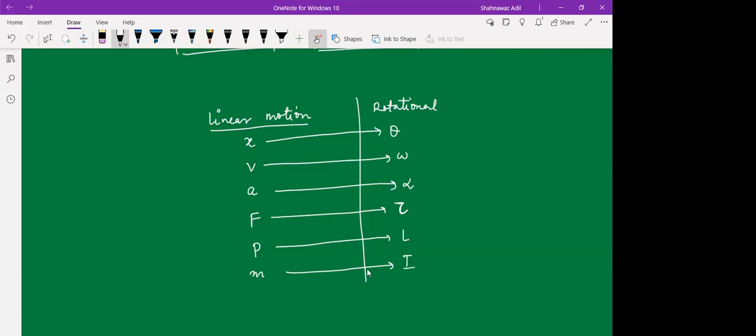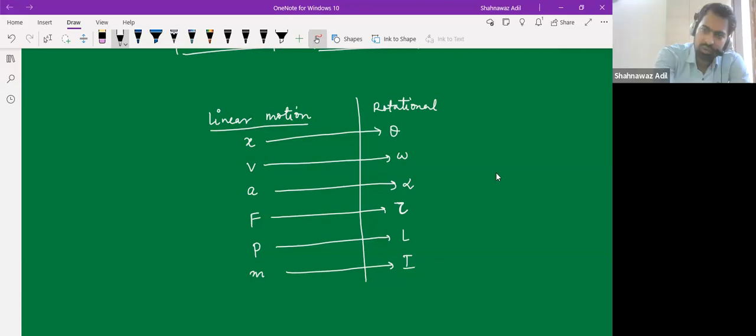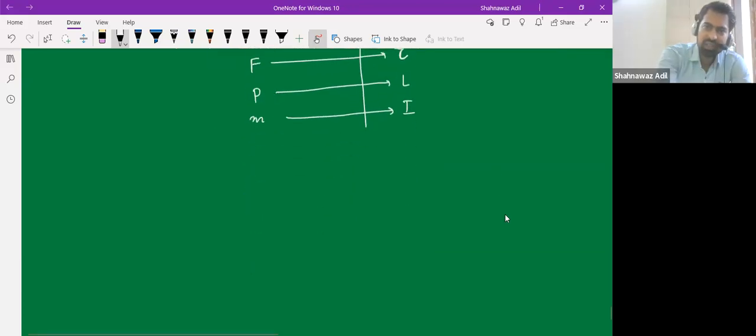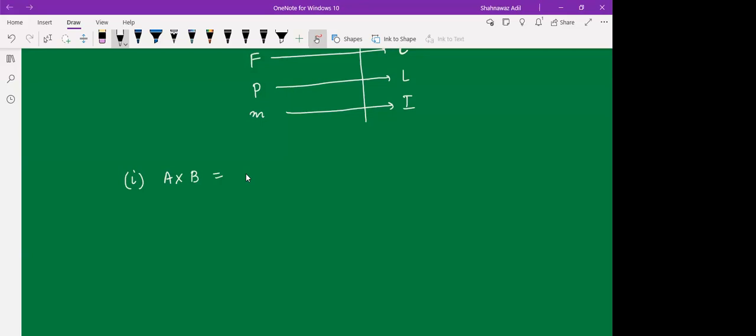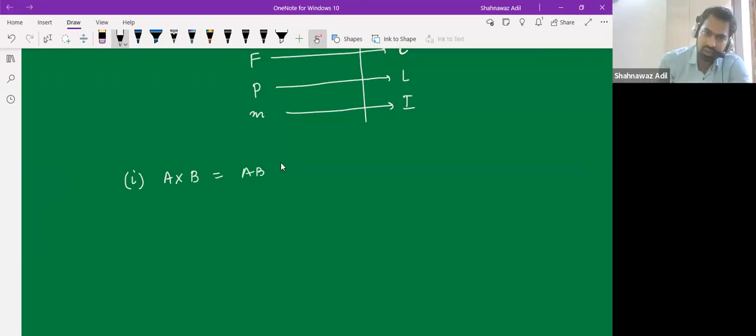To derive the relation between torque and angular momentum, we have to remember that A cross B is AB sine theta n cap.